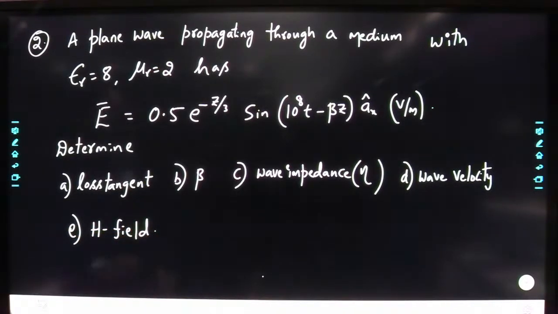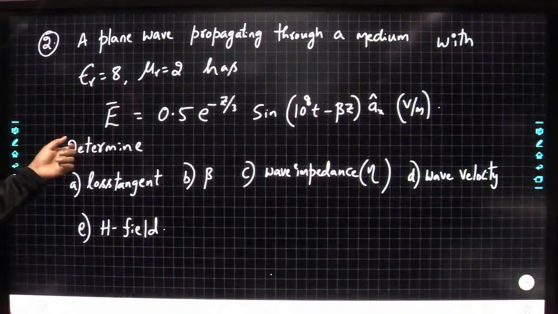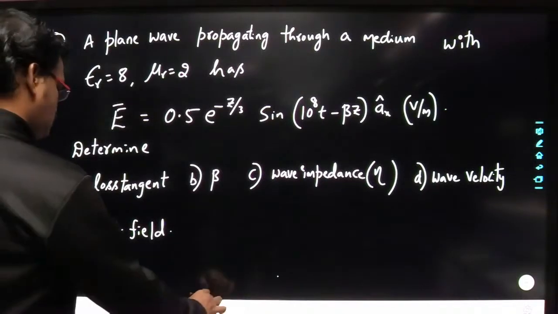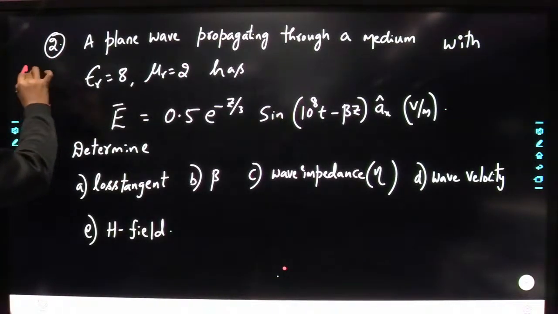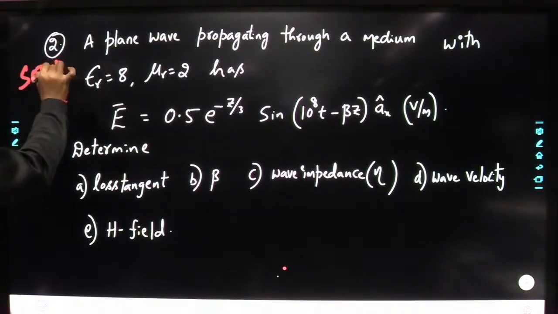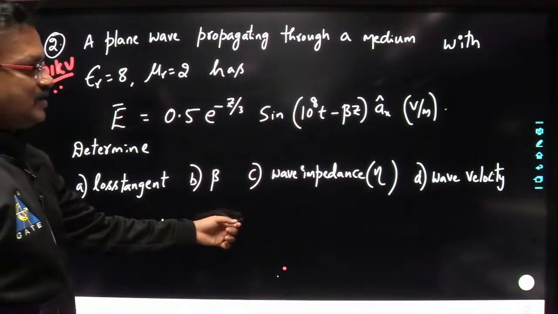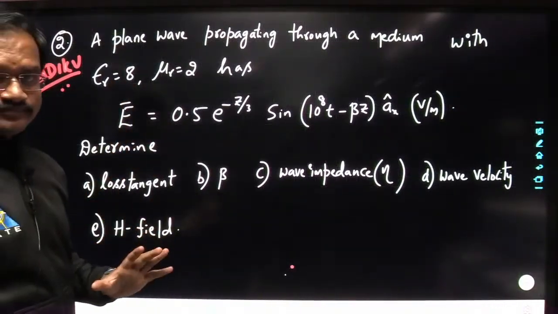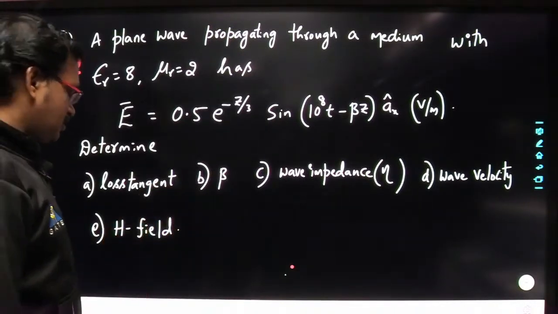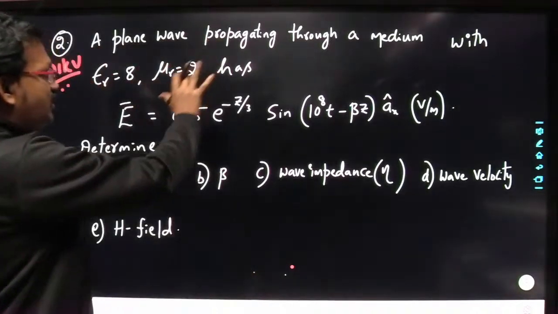Here, I have taken this problem from Sadiku. The same type of problem they have given in GATE. The only change is they have given something wrongly, they have copied each and everything in the same manner.